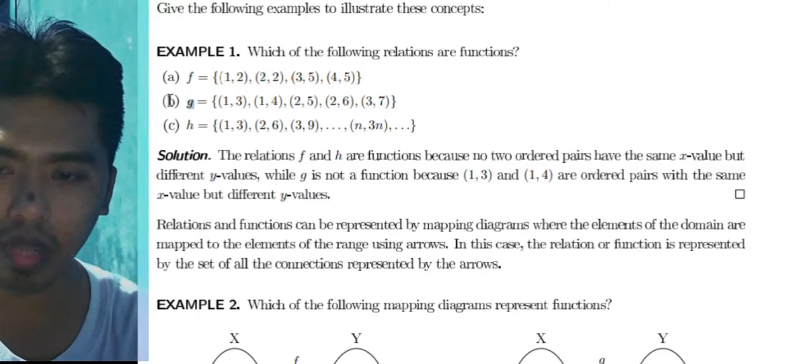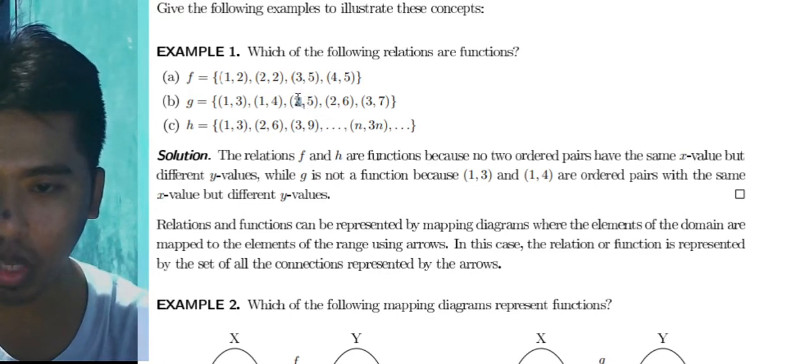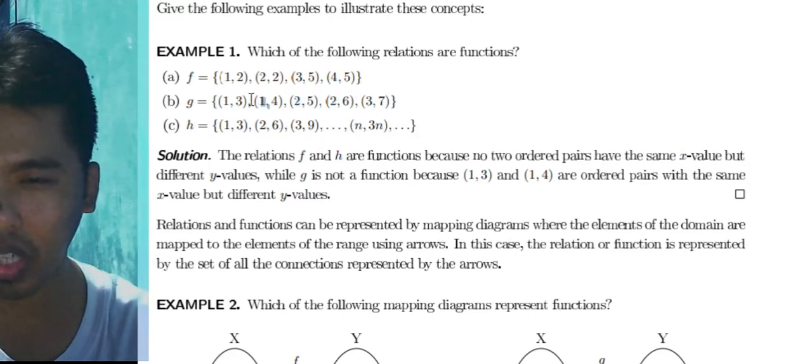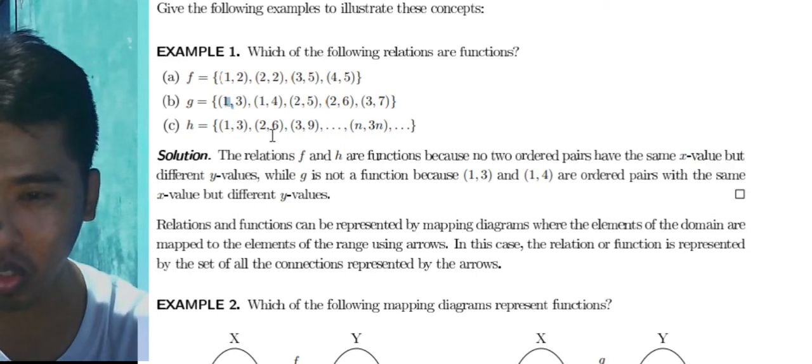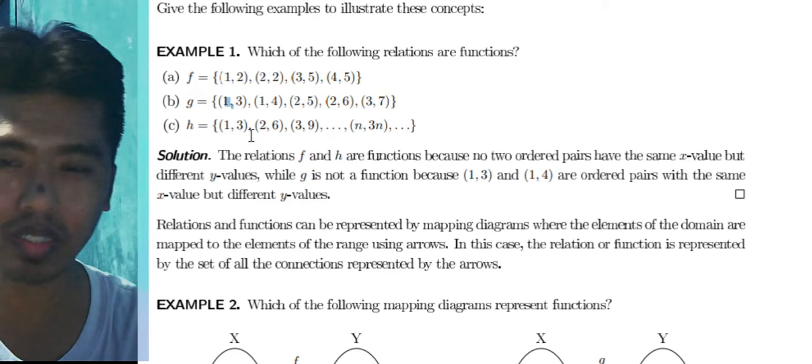Next, in letter B, G is equal to (1, 3), (4, 5), (1, 4), (2, 5), (2, 6), (3, 7). Take note, we have 2 here and 2 here. We also have 1 here and 1 here. That's the only thing we will check: the x.